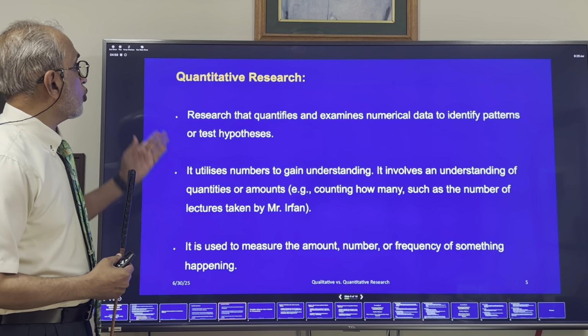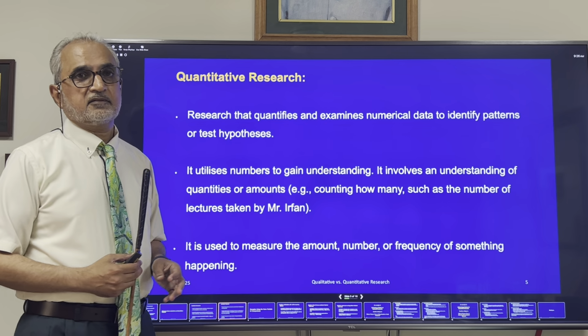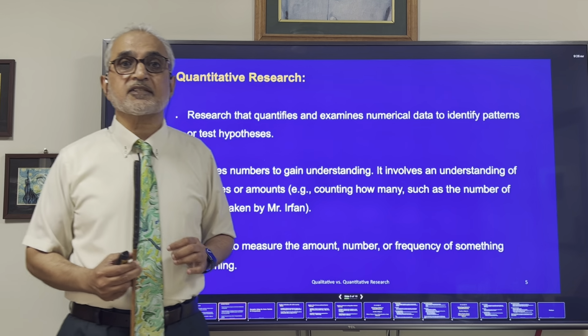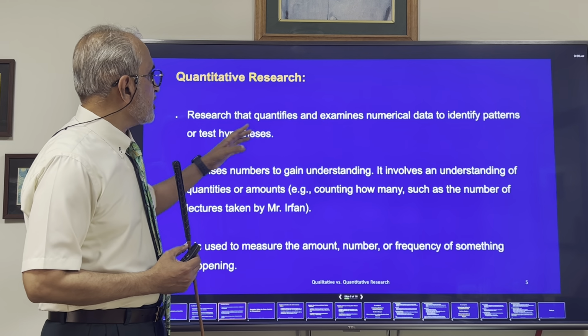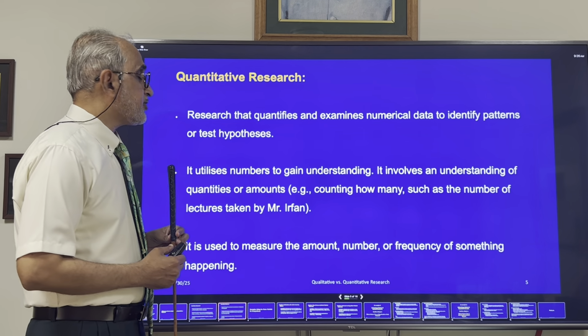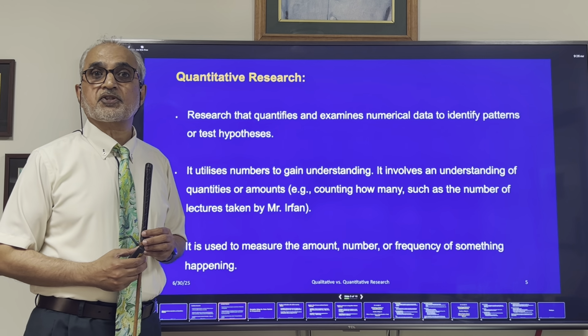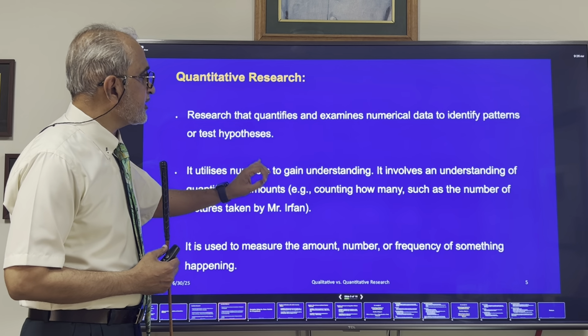Now coming to quantitative research. It is research that quantifies, and you can only quantify something in numbers. It examines numerical data to identify patterns or test hypotheses. It utilizes numbers to gain understanding.